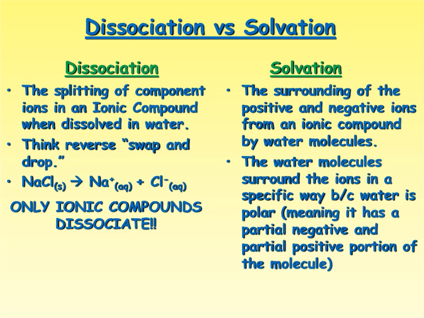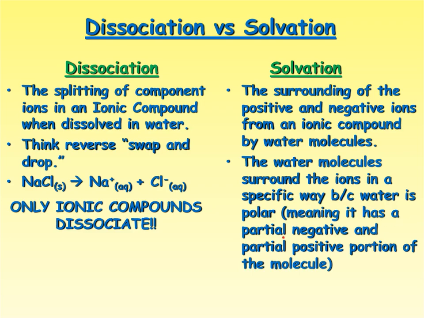All right, now solvation is kind of the next step in the dissociation process, where your water molecules surround the positive and negative ions that you got from the dissociation, and they're going to surround the ions in a specific way because water is what we call polar.